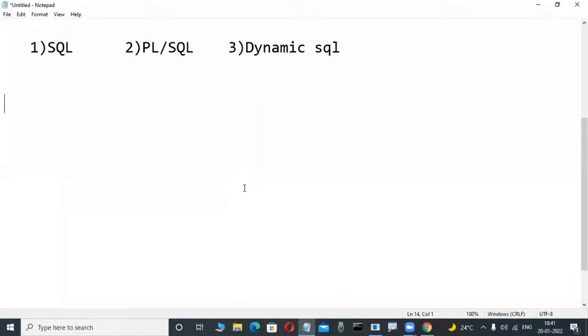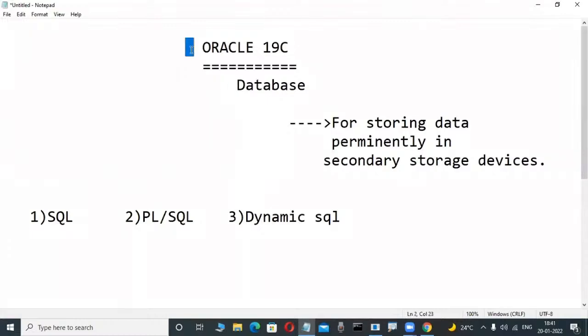SQL is an ANSI standard language, conceptually the same in every database. Conceptually, what is table, what is procedure, what is view, what are joins, what are subqueries, what are integrity constraints, the same. But syntactically totally different. Functions are also totally different. That's why in our class we are learning Oracle SQL language.